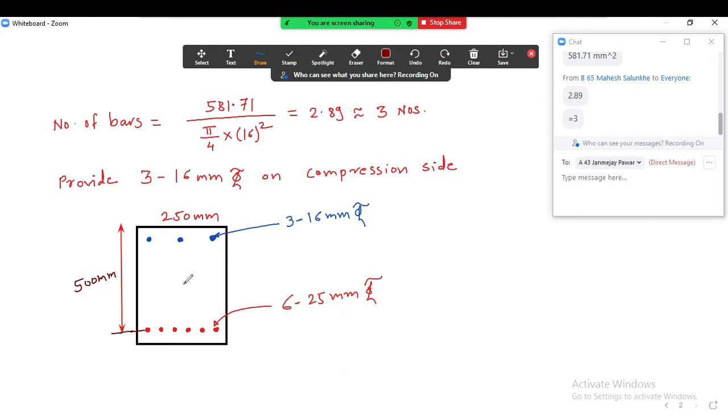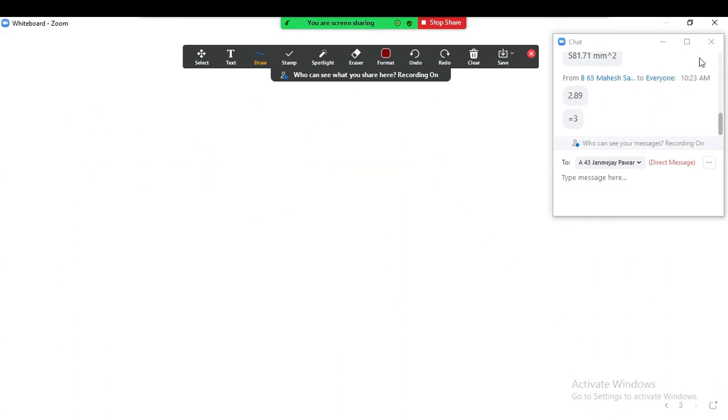Then we will take design of columns, and at the last this T beam, where there are only one or two problems. Here IS code is also required, so while solving the numericals we will use it as and when required.